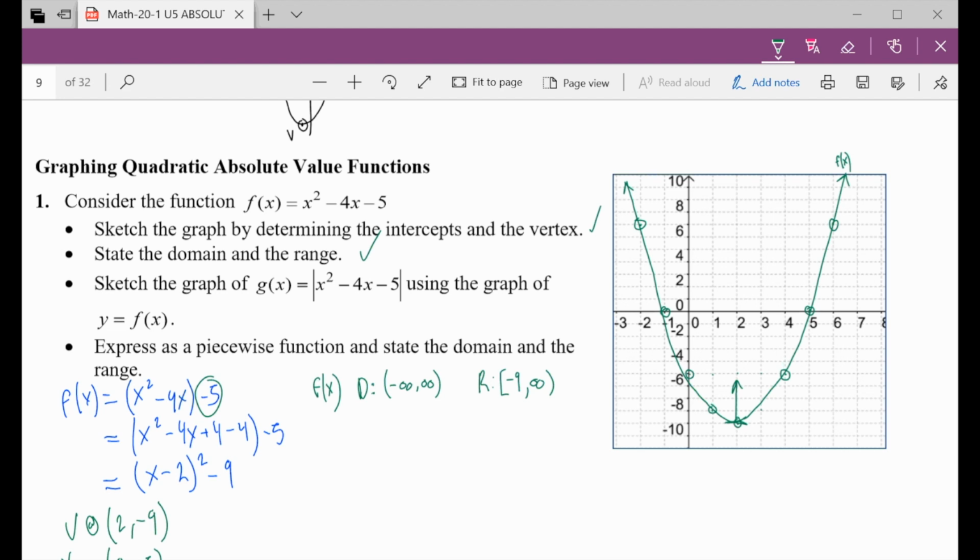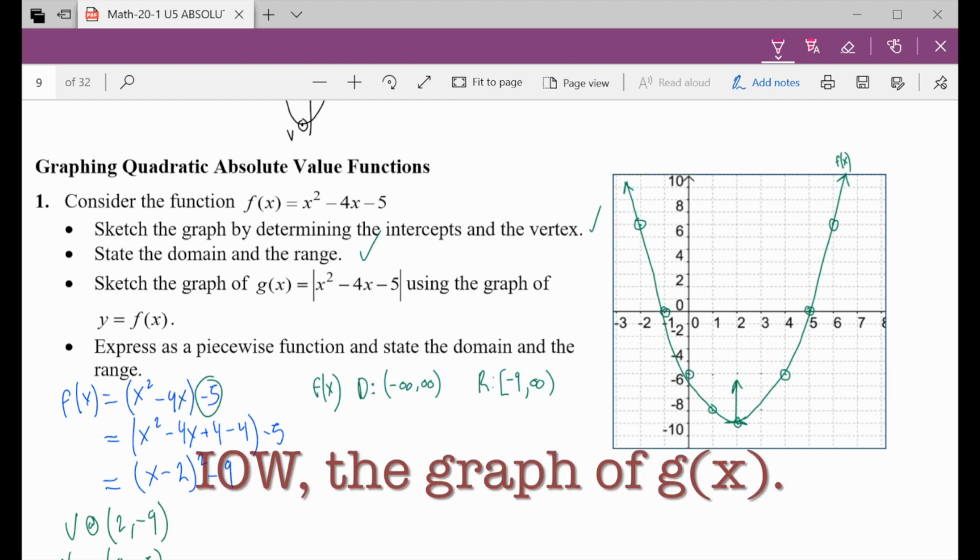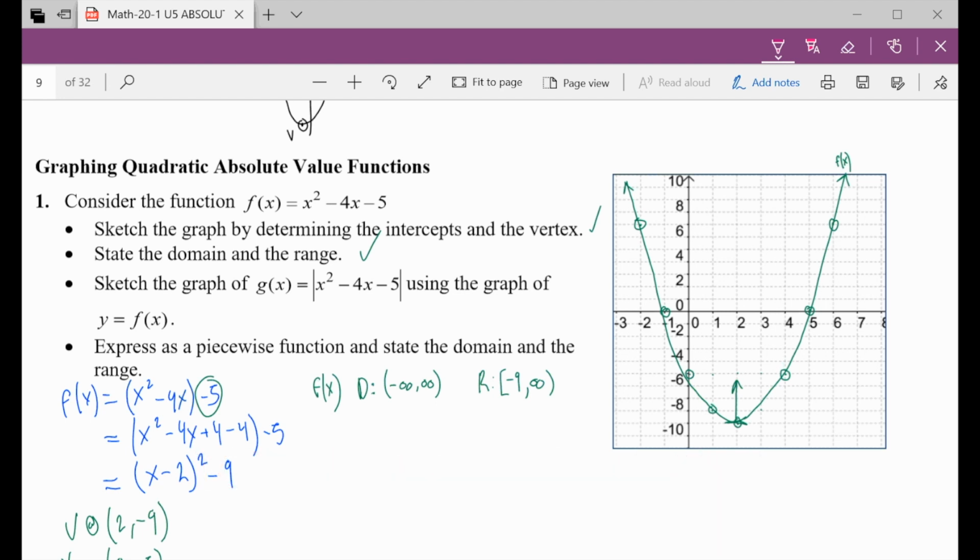Cool. Now, to do the next step, which is to figure out what the graph of the absolute value of the quadratic looks like, we have to think deeply about the simple idea of what an absolute value function does to any other function. What it does is it takes any y values that are less than 0 and reflects them about the x-axis.